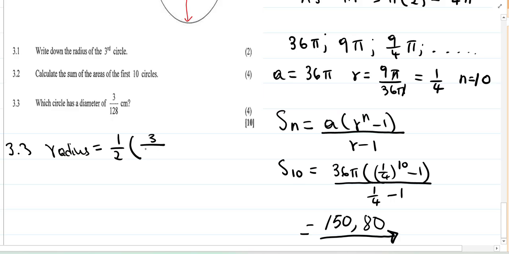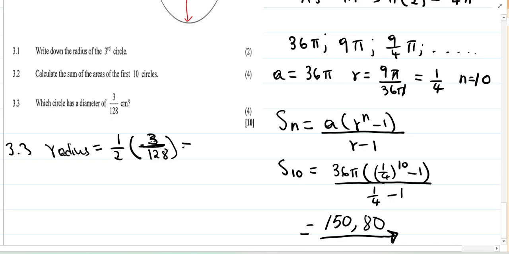So our radius will be half times the diameter. So it's 3 over 128.